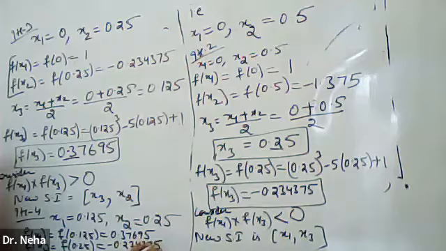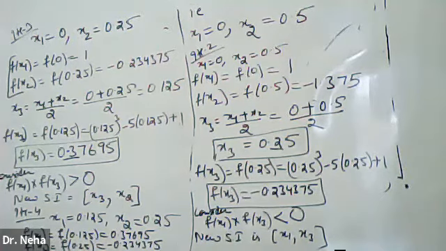Hello, ma'am. Yes. Ma'am, in iteration 4, x1 will be changed, because in iteration 3, x1 is equal to 0, and in iteration 4, x1 is equal to 0.125. Why, ma'am? Aslam, please speak slowly and speak again.